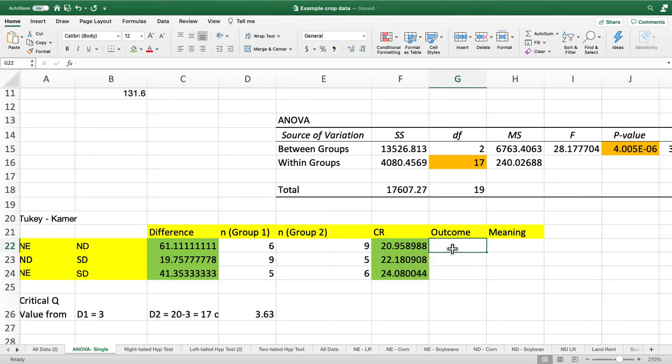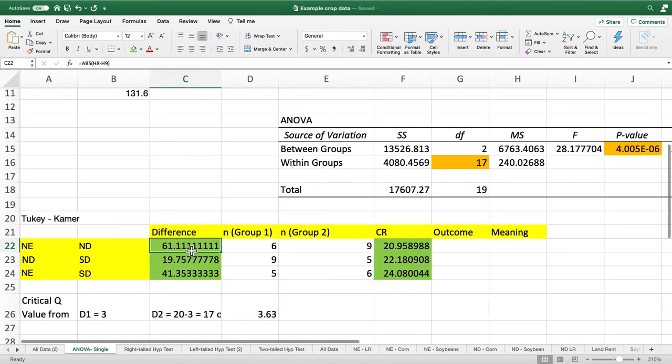If your difference is greater than the critical range, that tells you that the population means are different and you will reject the null hypothesis. So the outcome of this first one, North Dakota and Nebraska, 61 is greater than that critical range of 20. So we are going to reject.